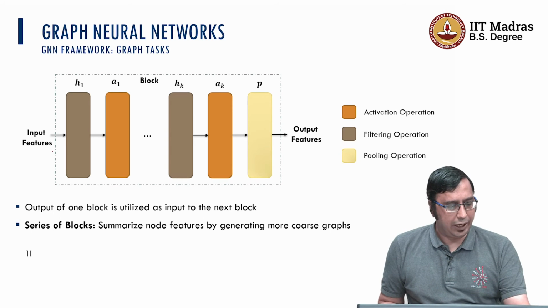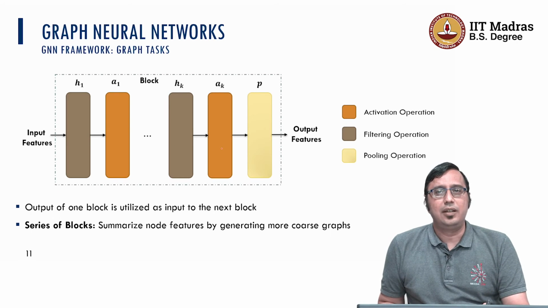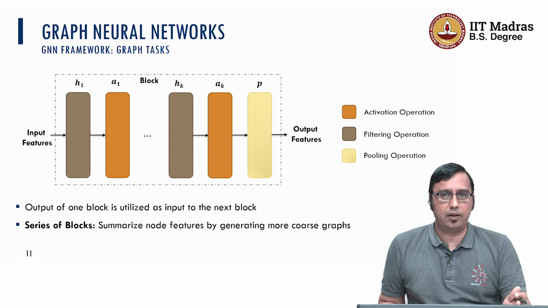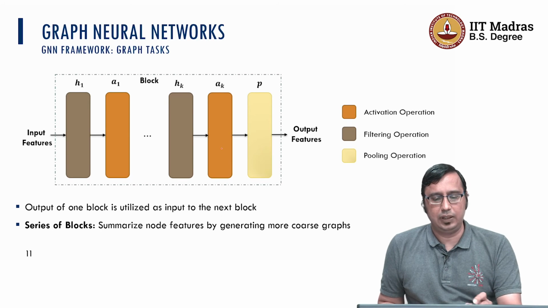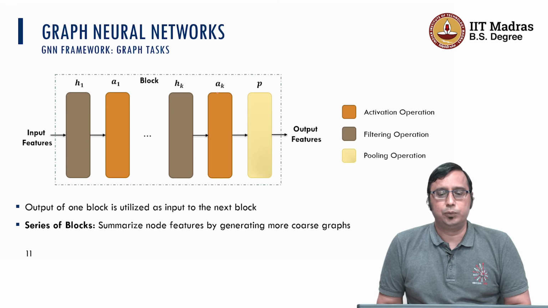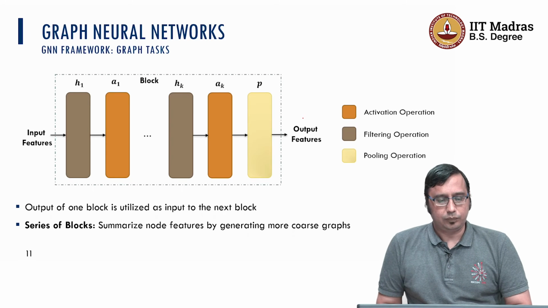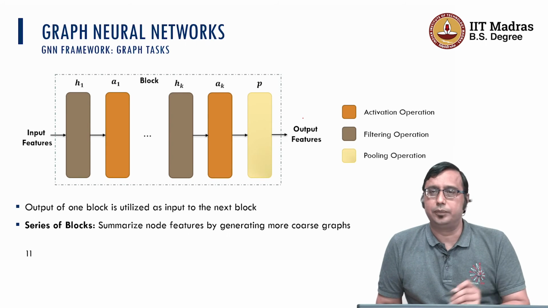Here, the input feature will go, as we discussed in a node related task, through a set of graph filters and activation layers. Graph filter, activation layer, graph filter, activation layer, until some k activation layers. At the end, it will go to the pooling layer P, which will create the output feature for that particular block.